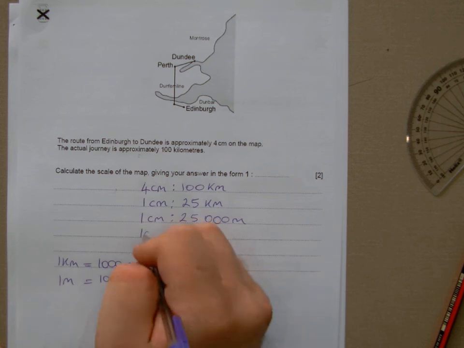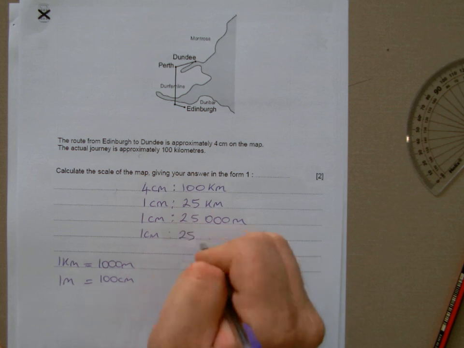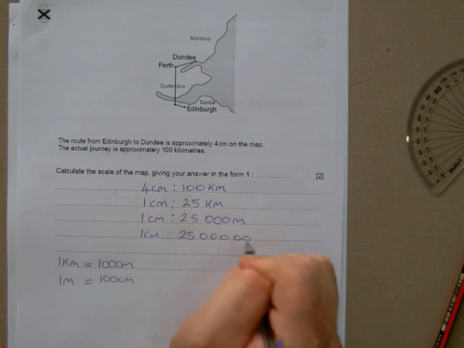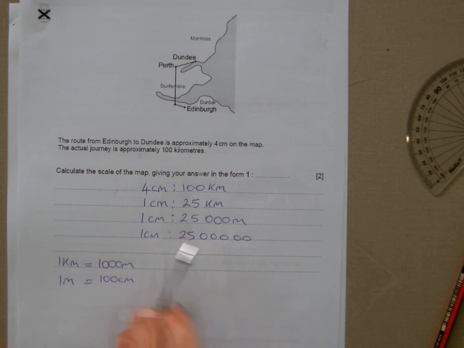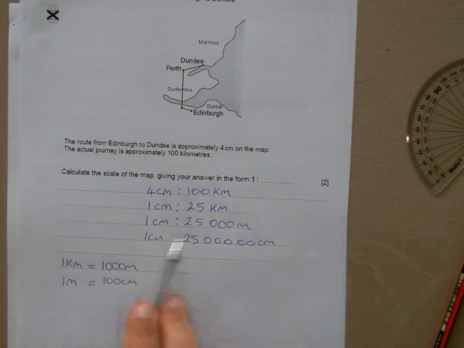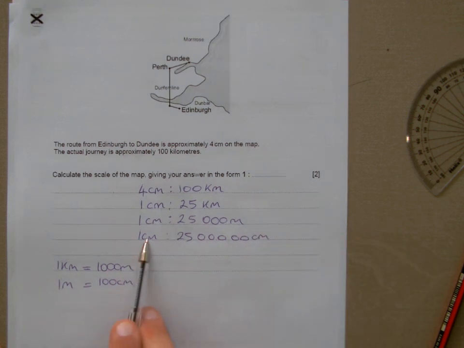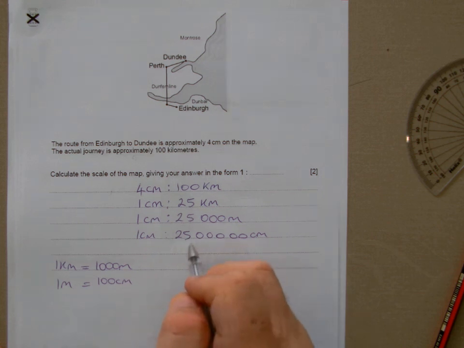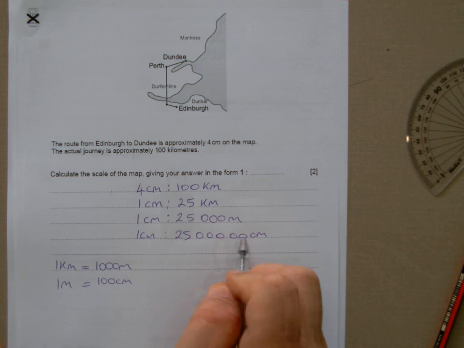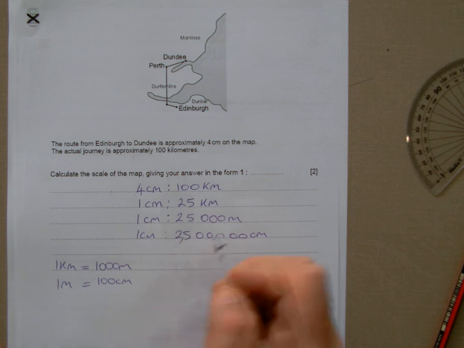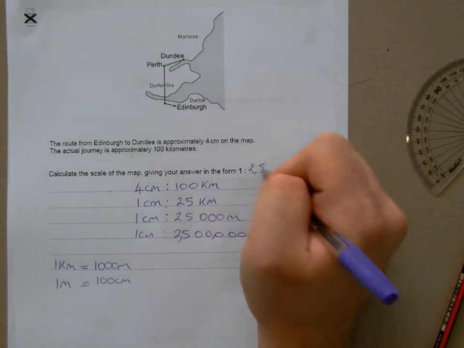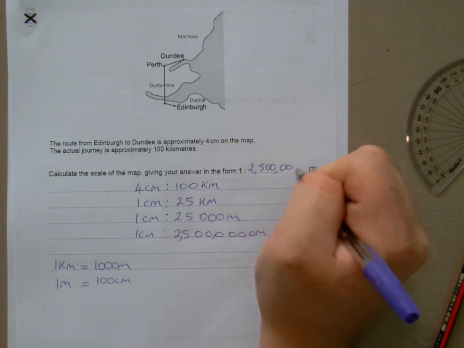So then I'd have 1 centimetre to 25 with 2 zeros added at the end, and that's going to be my scale. They're both then in centimetres, which means every one represents 2.5 million, because if you go across, 3 digits, comma, 3 digits, comma, so 2.5 million. We'll write it like that, and we're done.